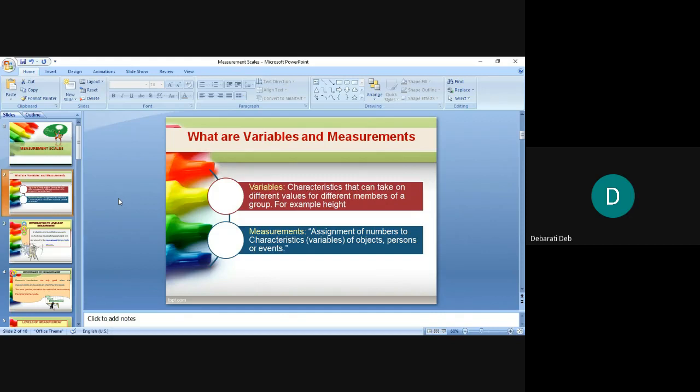So let us brush up the meaning of variables. Variables means characteristics that can take on different values for different members of a group. For example, height. For example, weight. For example, age. Like that.